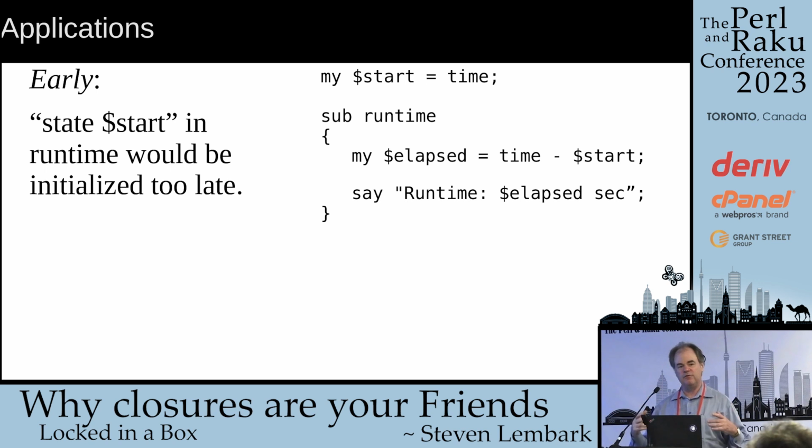So if you want a value that is set very early, if you set it, the compilation in Perl is pretty trivial, and at that point, you can get values that are set right at the beginning. You know what they mean. A lot of times that's good for time, processes, system resources, whatever you want. You can isolate things by using a state variable, but then you can't control when the value is instantiated, so you don't always know what it means.